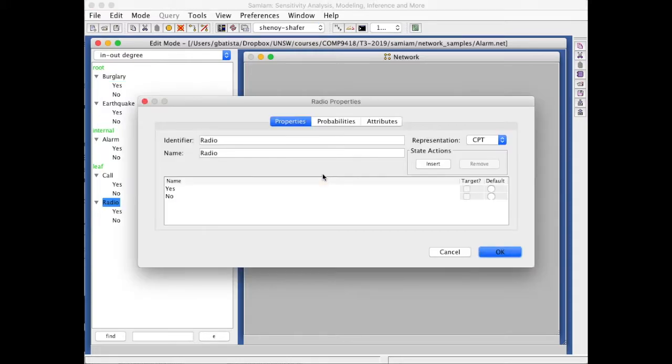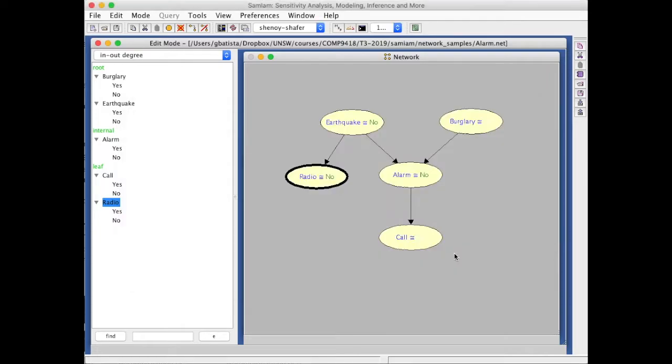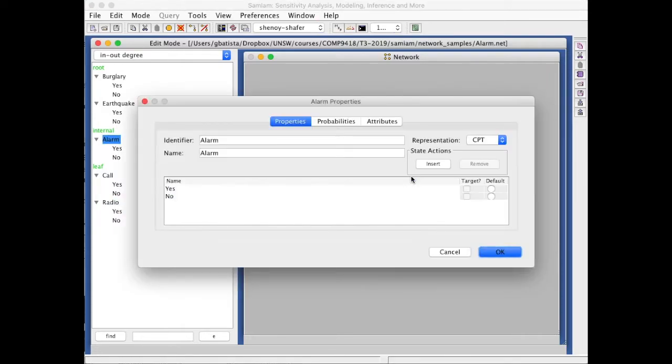If you look at radio, when we have an earthquake, radio can be yes with 0.9 probability. So it's very likely that if you have an earthquake, we will hear a report. And if you don't have an earthquake, you have 0.3 probability of having the report. This report may be about an earthquake that is not applicable to us, maybe in a different area or something like this.